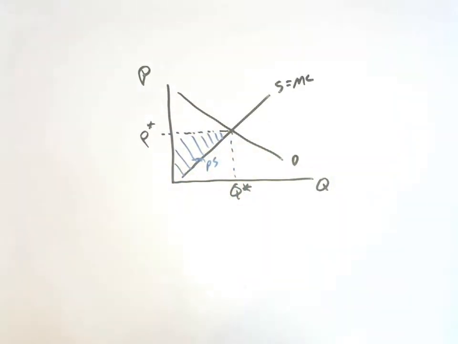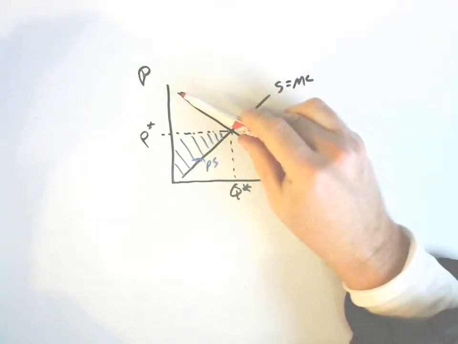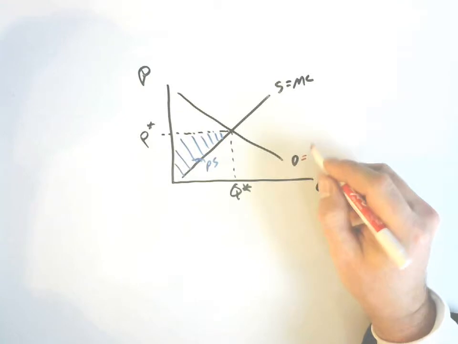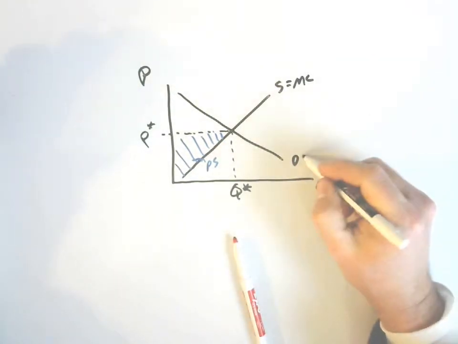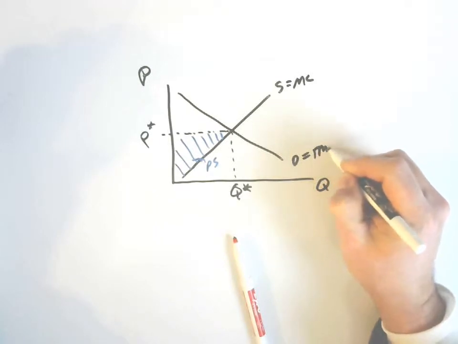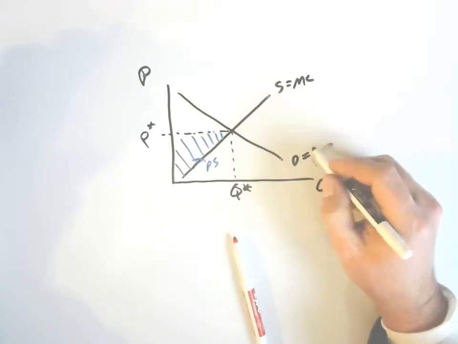Now, if we remember the boundedness conditions for consumer surplus, it was bounded above by marginal benefit, which is equivalent to demand. If I could only write, it'd be nice.